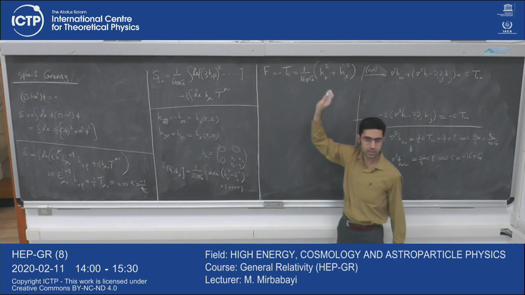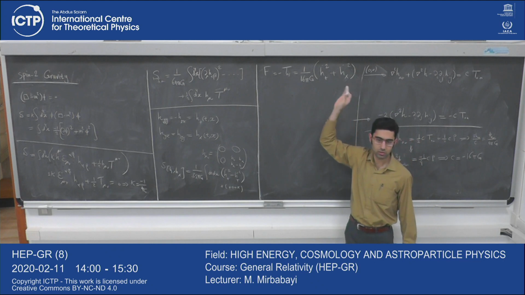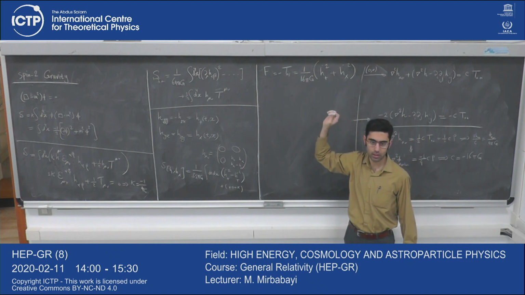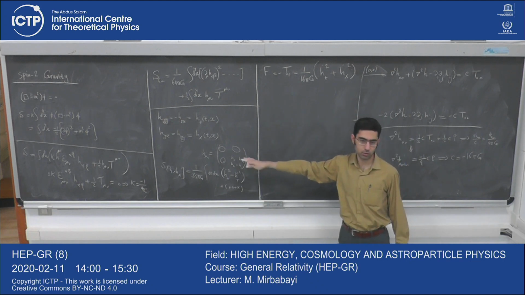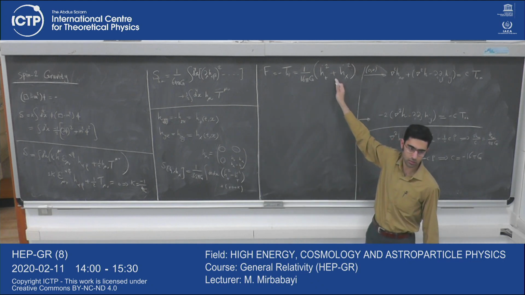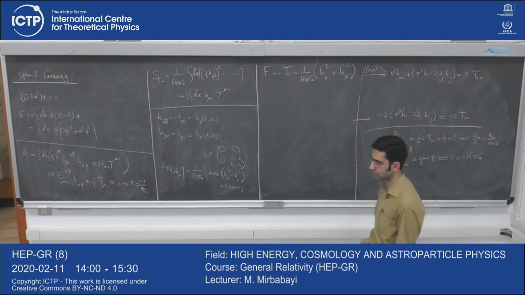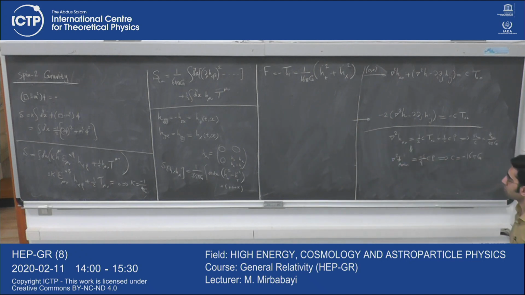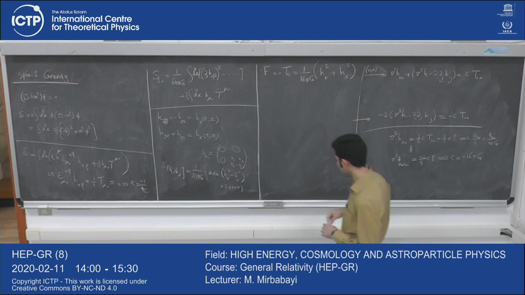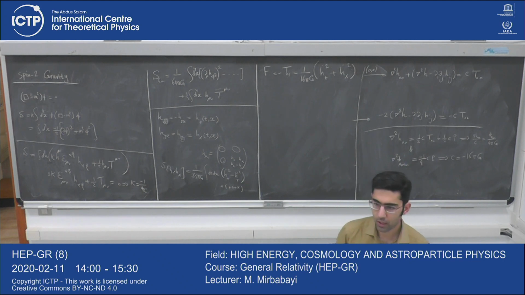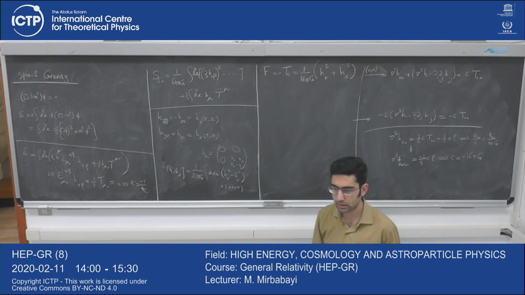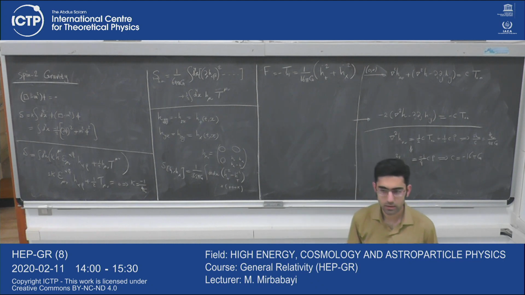Remember, the answer for a scalar field was phi dot squared with some overall normalization, 1 over 4 pi G. Now we have a different overall normalization, so we get h plus dot squared and h cross dot squared. In the next lecture, we will see how we use it to calculate the energy flux or the luminosity of some source of gravitational waves.